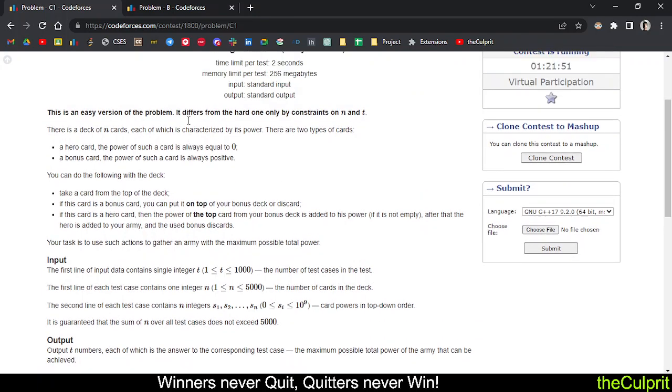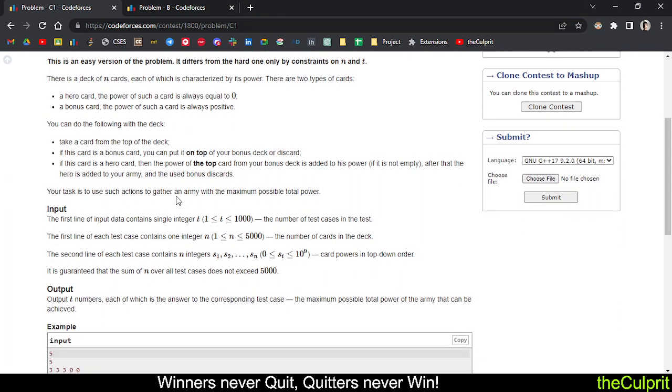What is meant by the deck of n cards? If the card is a bonus card, then put it on top of your bonus deck or discard.